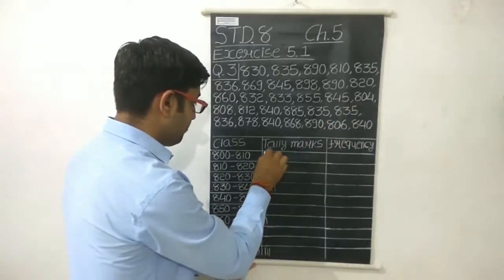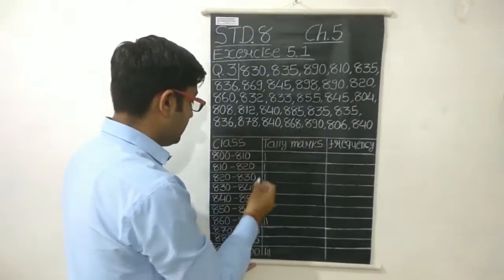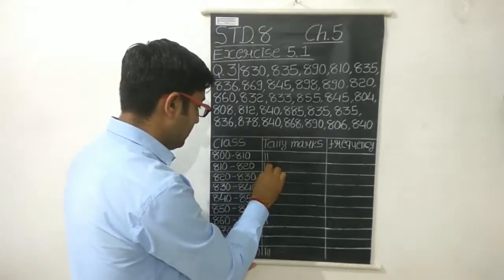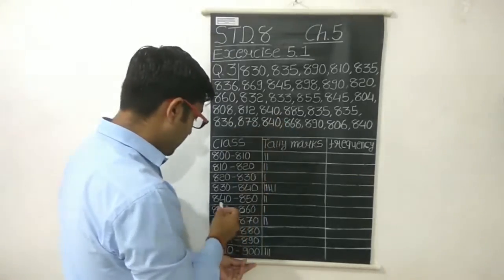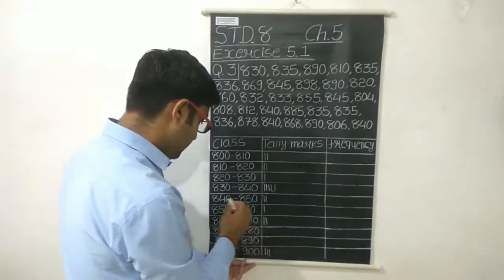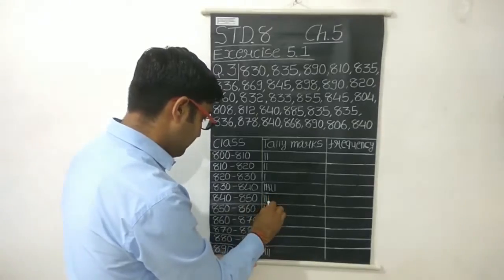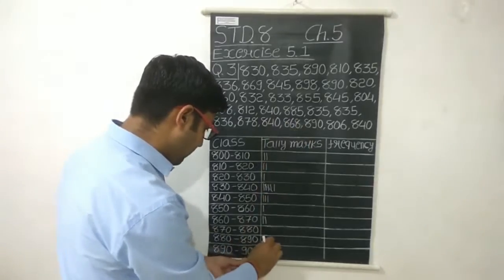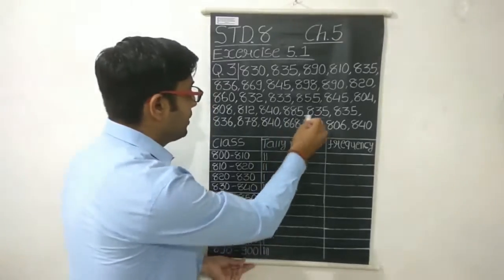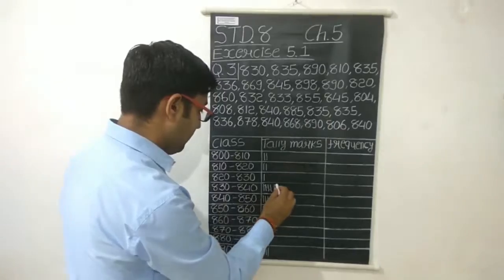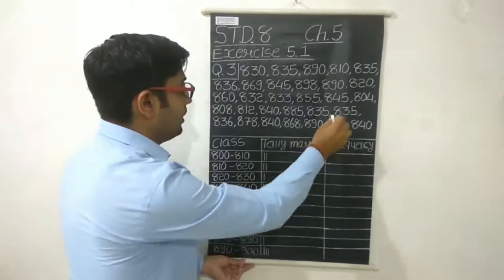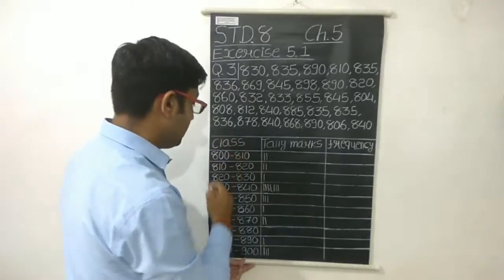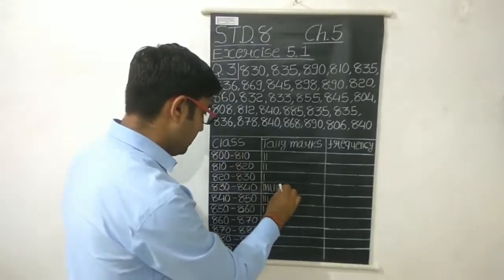804 in the first group. And 808 again in the first group. 812 in the second one. 840, we have to put in this group. Now 885, we have to put in this group. 835 will be here again. Again 835 we have to put here. 836 will be here again.